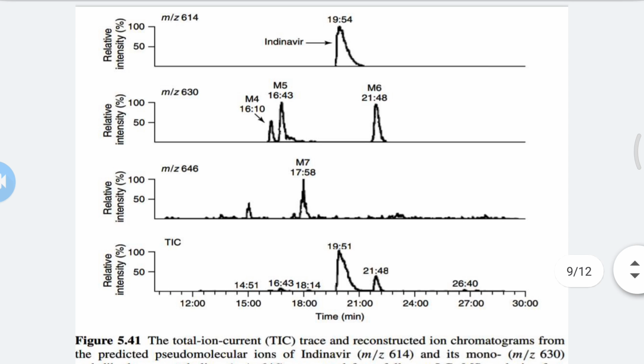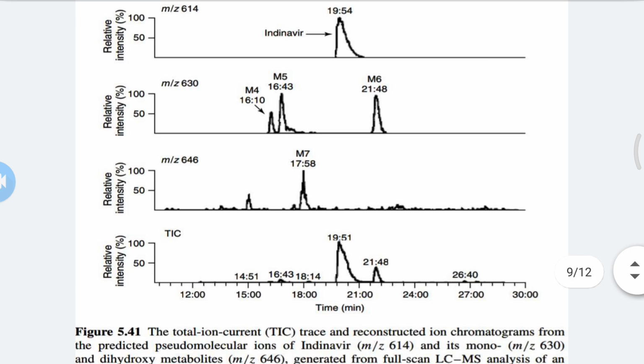Okay, 613 and 646 are the monohydrated or dihydrated metabolite compounds, and these structures are allowed in RICS. This is another weight determination method, or application of these techniques.